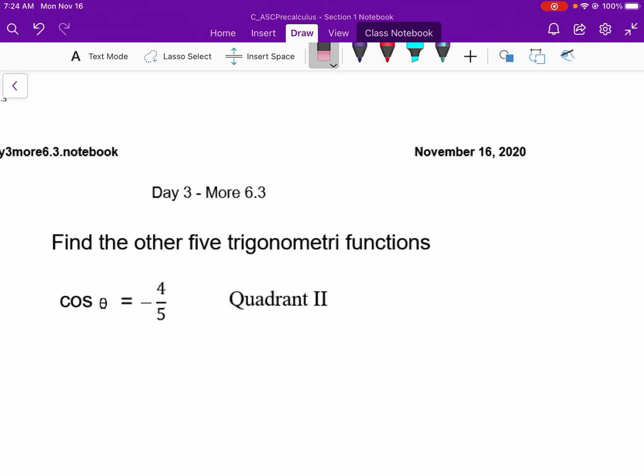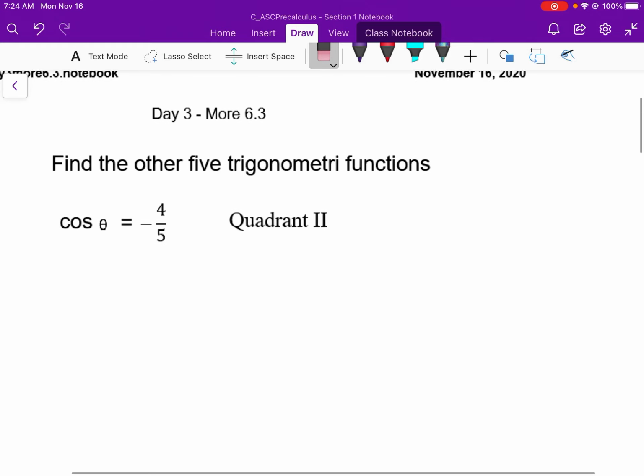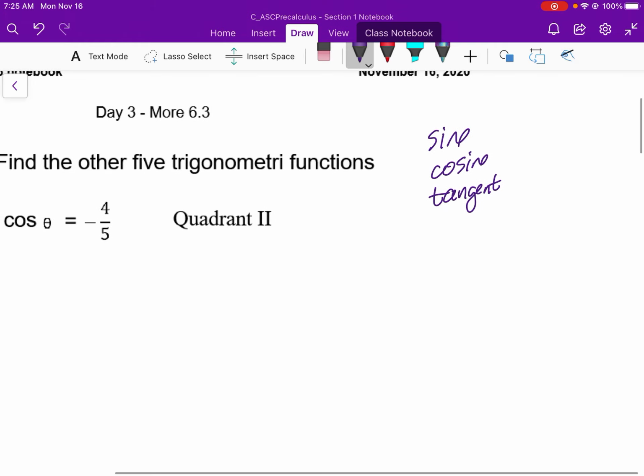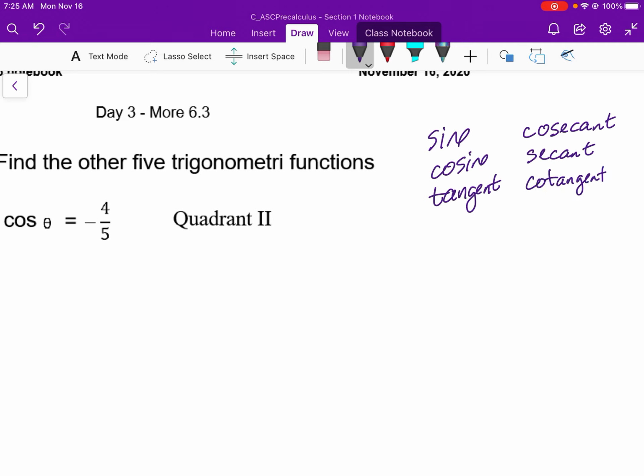So if you know one trig function and you know the quadrant, you should be able to tell me the values of all the other trig functions. Remember the trig functions are sine, cosine, tangent, and then the reciprocal of sine is cosecant, the reciprocal of cosine is secant, and the reciprocal of tangent is cotangent.